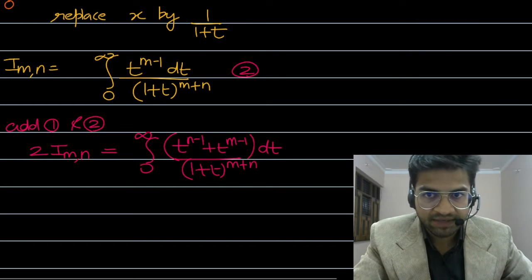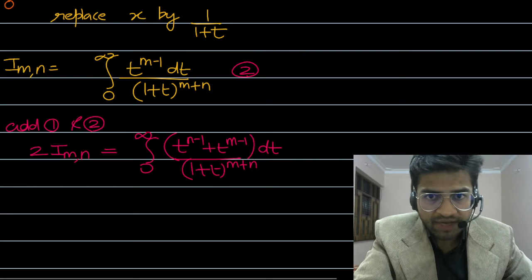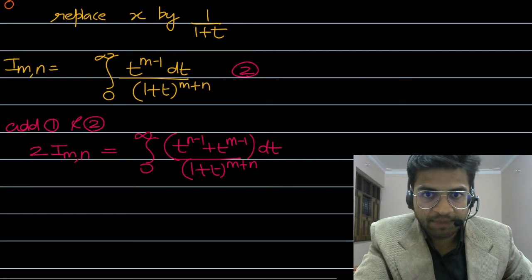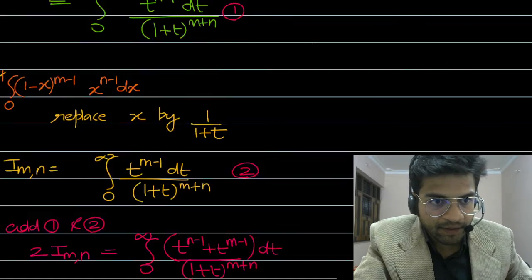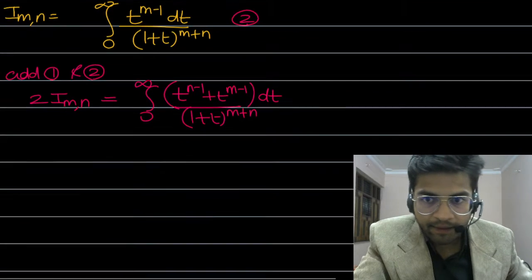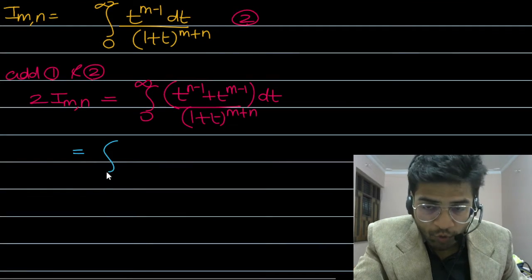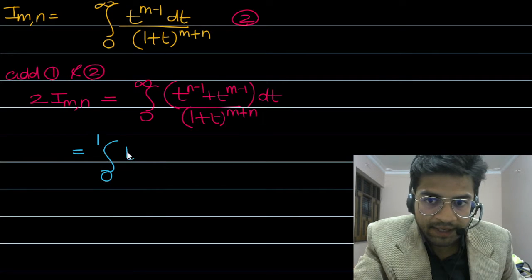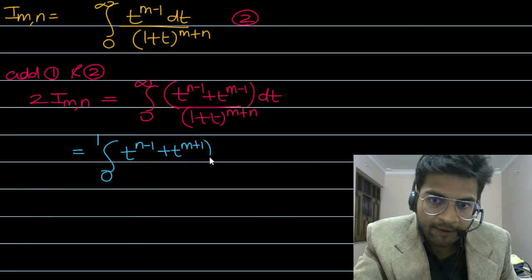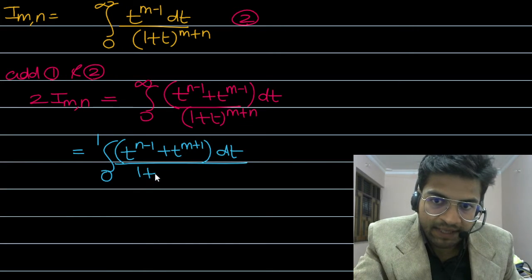We can break it in this manner: integral from 0 to 1 of t to the power n minus 1 plus t to the power m minus 1 into dt by 1 plus t to the power m plus n.